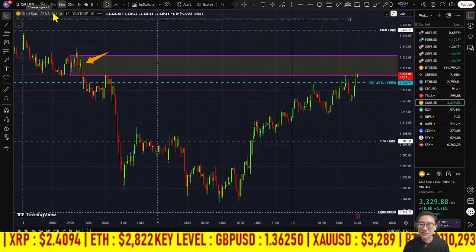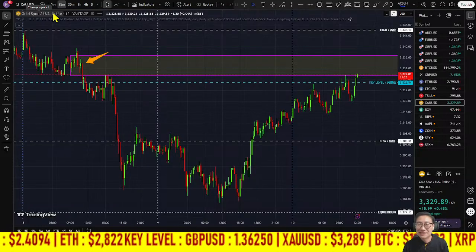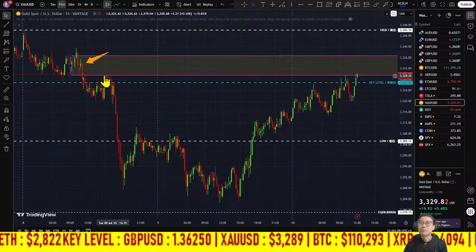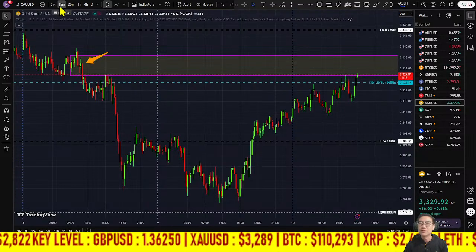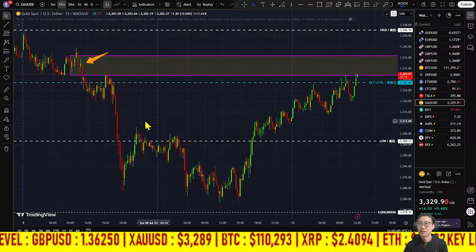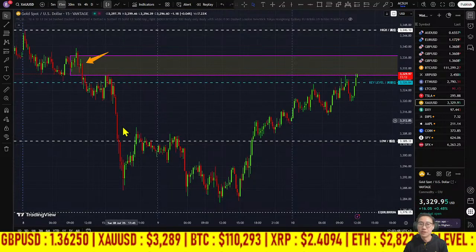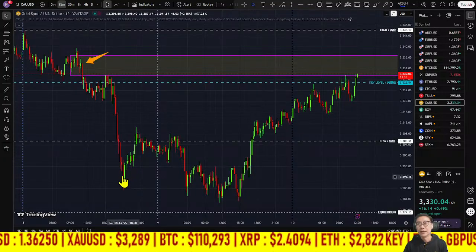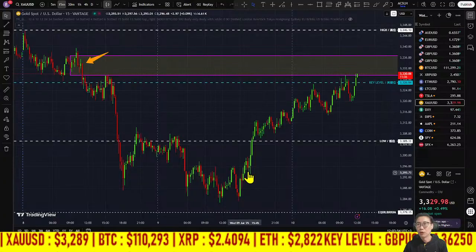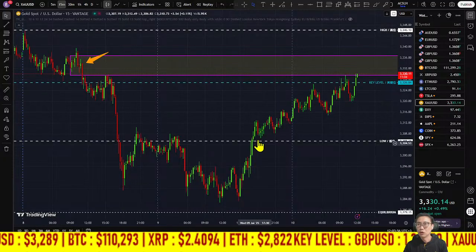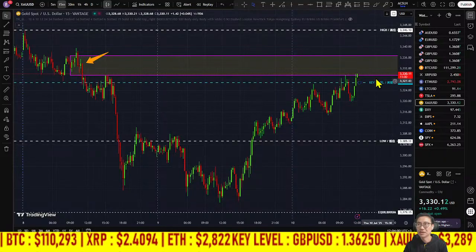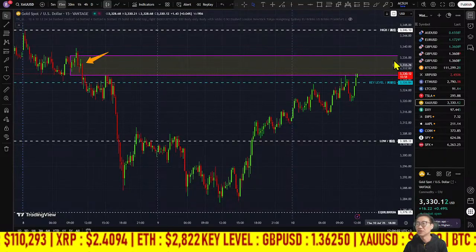I got a little bit distracted. Let's take a look at this M15. We can see from yesterday, the day before it actually fell, and after that it started to form up the support to push for higher lows, into a trending structure.